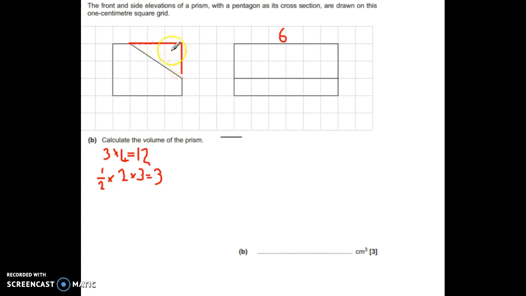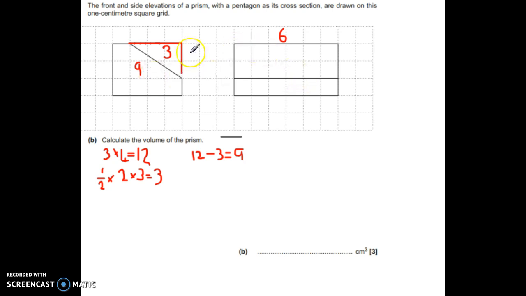The area of the whole rectangle is 12, and just this triangle here is 3. So the remaining part, 12 take away 3, is going to be 9. So the area of the pentagonal cross section is 9 centimetres squared.